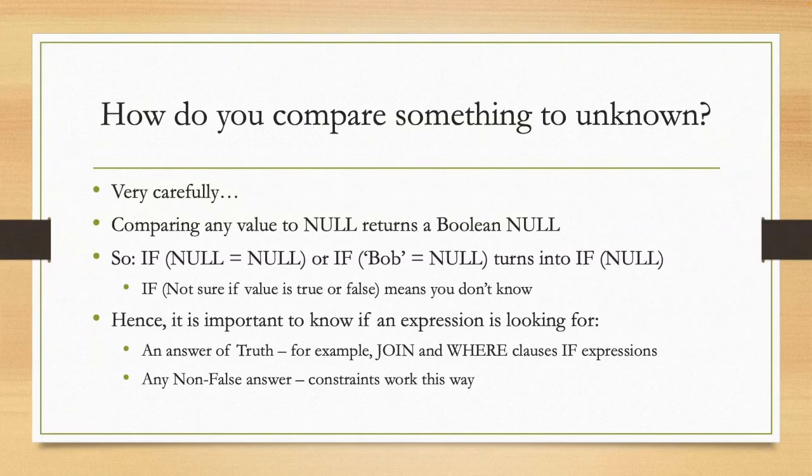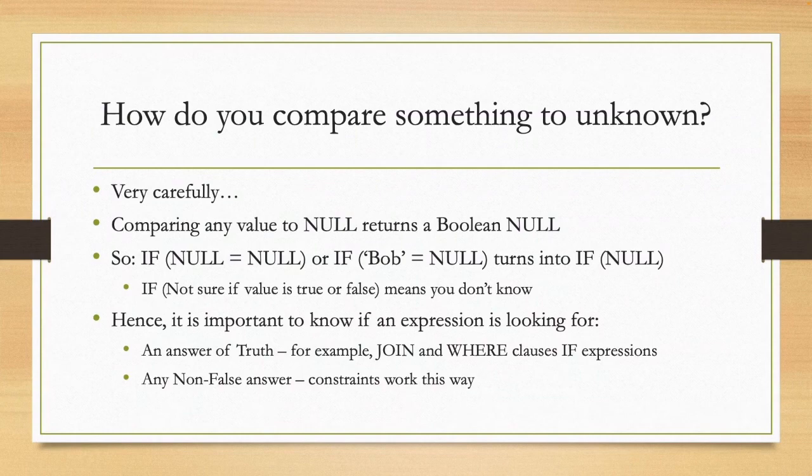Some things look for non-false answers. For example, constraints work this way. If you have a null value in your column and your check constraint doesn't check for nulls, then it's totally fine. So I might say value equals Bob. Well, if value is nullable, what my check constraint is really saying is, as long as I don't get a false answer, so Bob can't equal John, that's a failure.